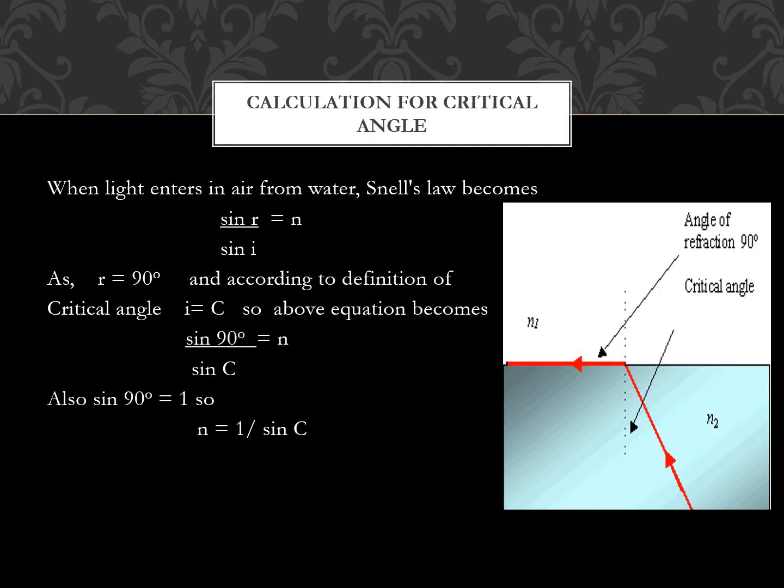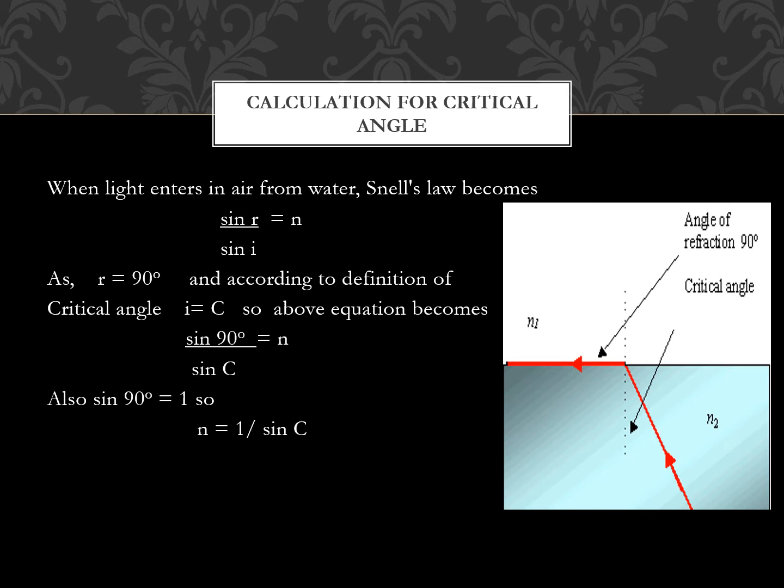Now we have to make some calculations for total internal reflection, or you may say that we have to find out the refractive index for the critical angle. For this, once again, we are going to use the same theory: when the light enters air from water, or from a denser to a rarer medium, Snell's law becomes n equals sine r by sine i.